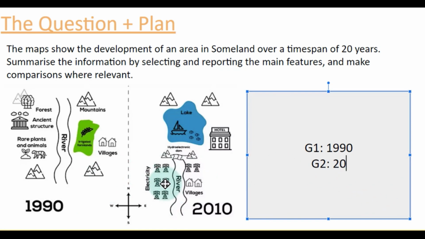So when I discuss and report map 2010, I'll be able to compare it to the first map. So I'll be able to say, for example, the irrigated farms in 1990 have been replaced by a hotel in 2010. So that would be an example sentence for my detail paragraph 2. So it seems like the easiest way to structure.